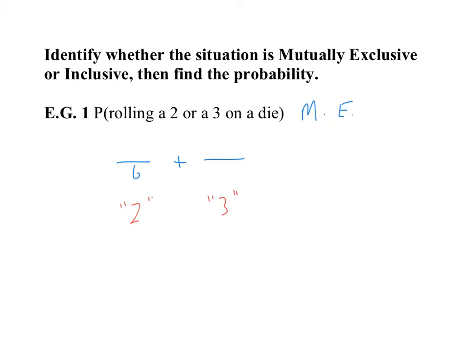So out of 6 options for both, you have one value that's a 2 and you have one value that's a 3. Remember, we're adding fractions now, so your denominators need to be common or the same, and your numerators add, and then you reduce your ratio.